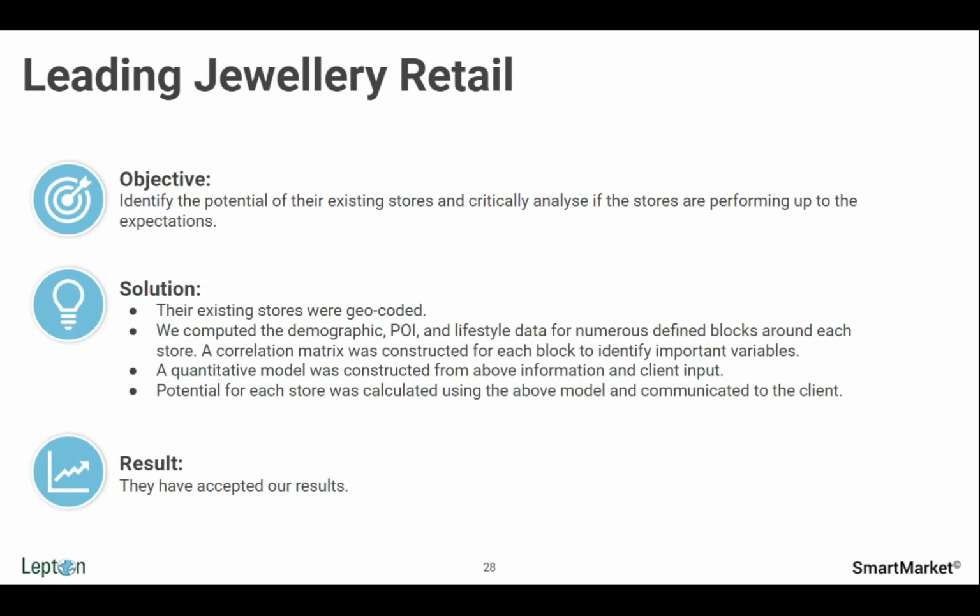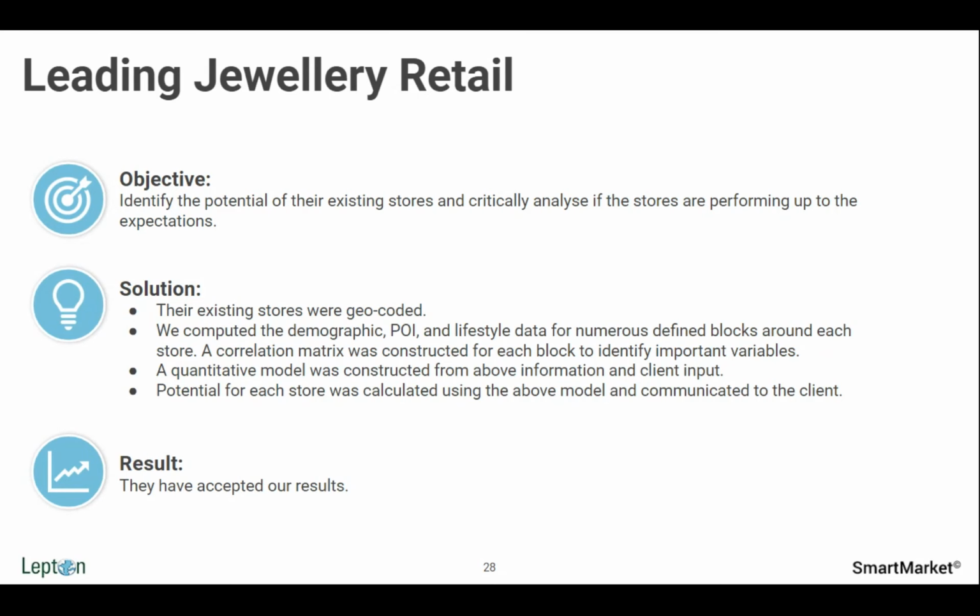This is a leading jewelry retail store which has presence across India, and they wanted to understand the potential of their existing stores and critically analyze if the stores were performing up to the mark, if they were hitting the highest possible potential as per the location they were present in.